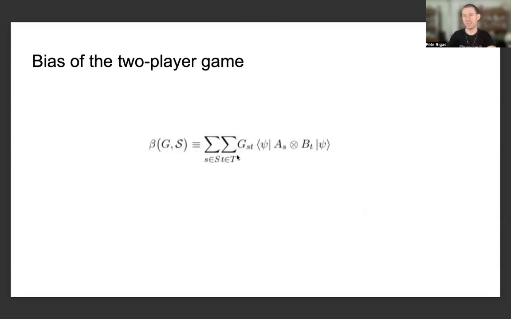And so I just wanted to very briefly reiterate some of the two-player objects to build up to some types of results which reiterate the multiplayer setting and how this is a generalization of ordinary parallel repetition.